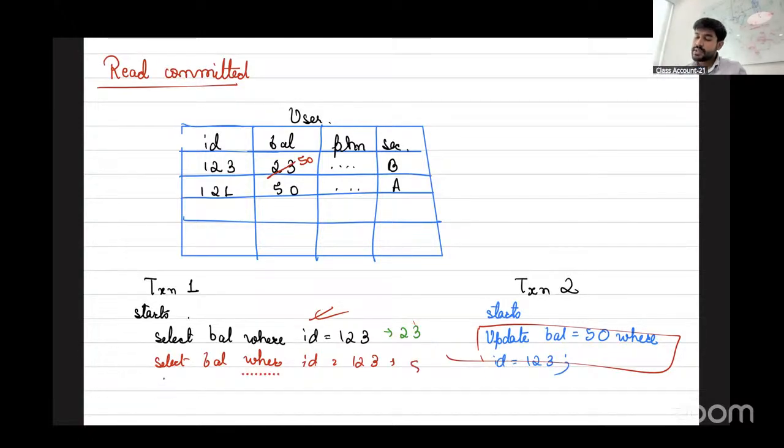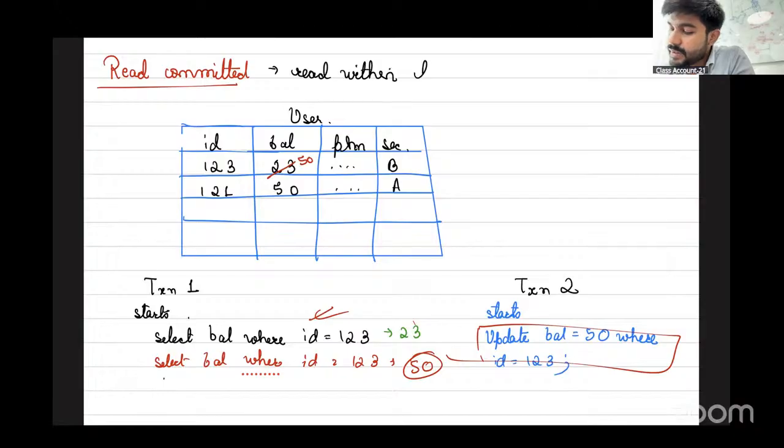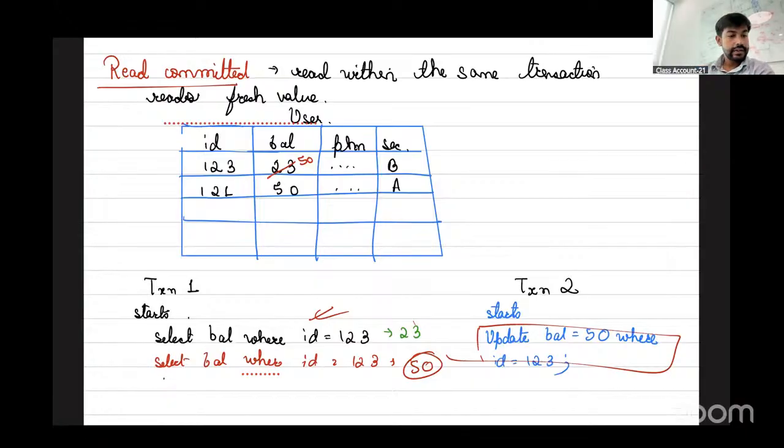Why? Because of read committed. Reads within the same transaction always read the fresh value.